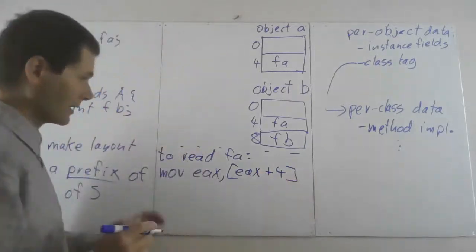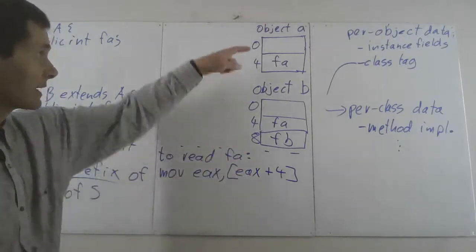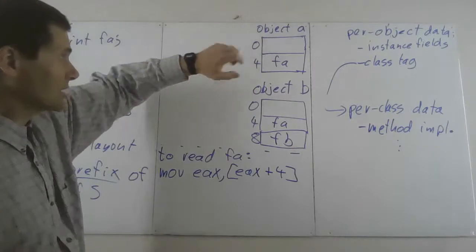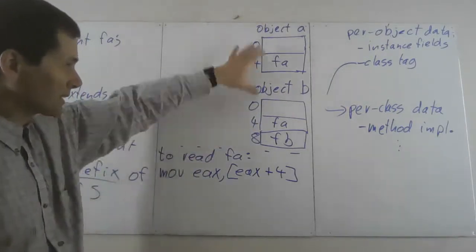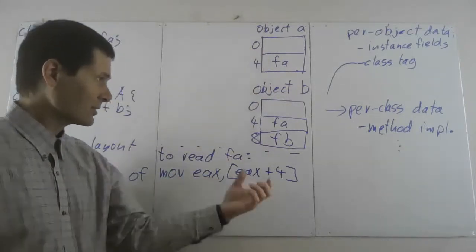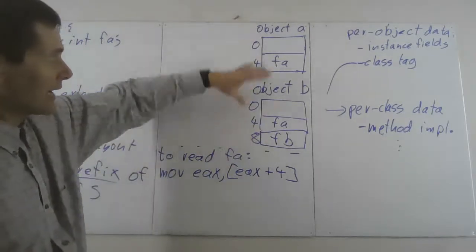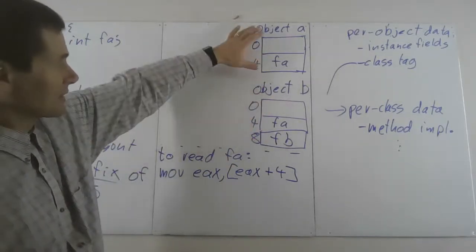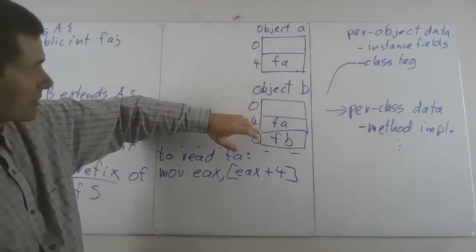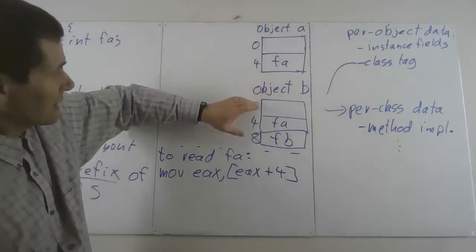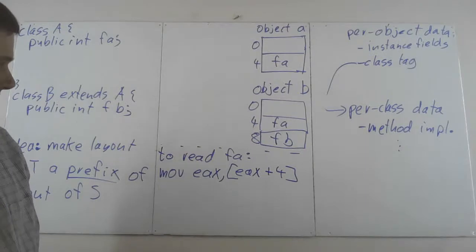Here I'm assuming that EAX starts out holding the address of some object, either object A or object B. Because of the layouts, this instruction reads field FA of either object, regardless of whether it's object A or object B. I get that because I made the layout of the supertype a prefix of the layout of objects of class B.